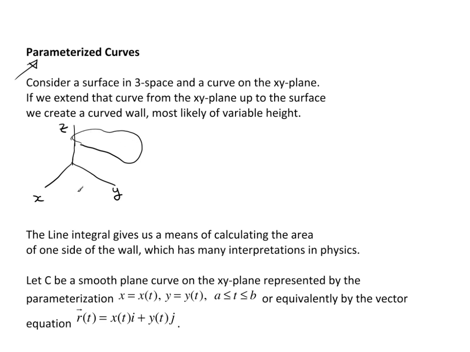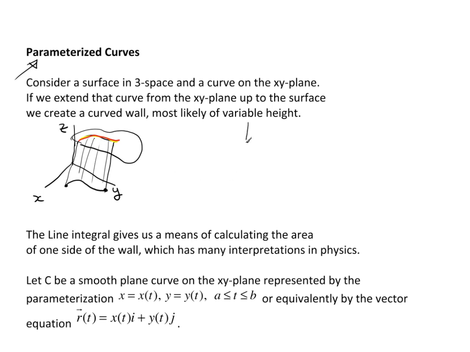And then I have this parameterized curve down here on the xy plane. So if I extend this up to the surface, what I'm going to get is basically a wall where this line right here is where the extension of the curve intersects this surface.